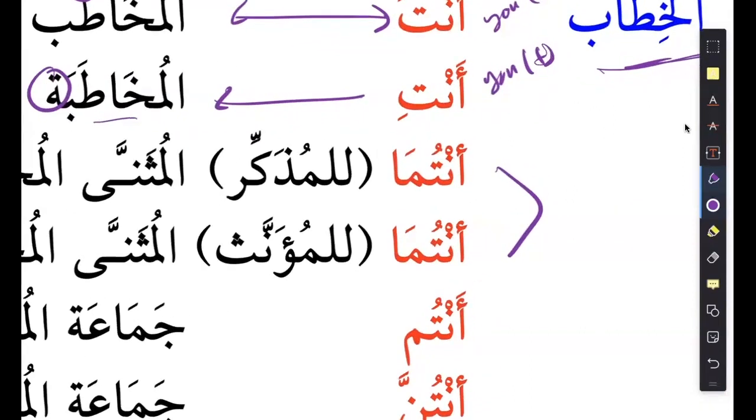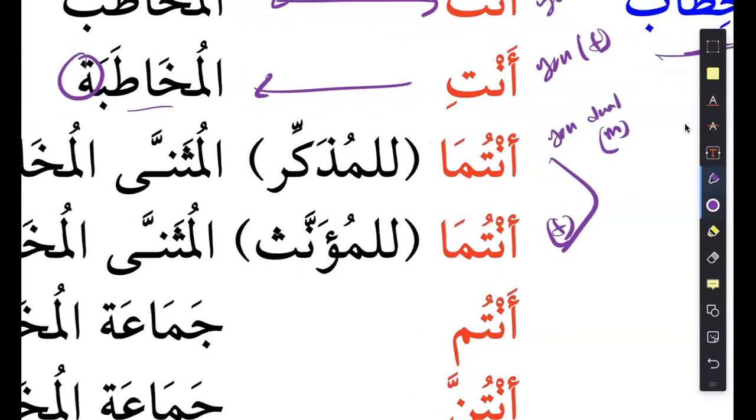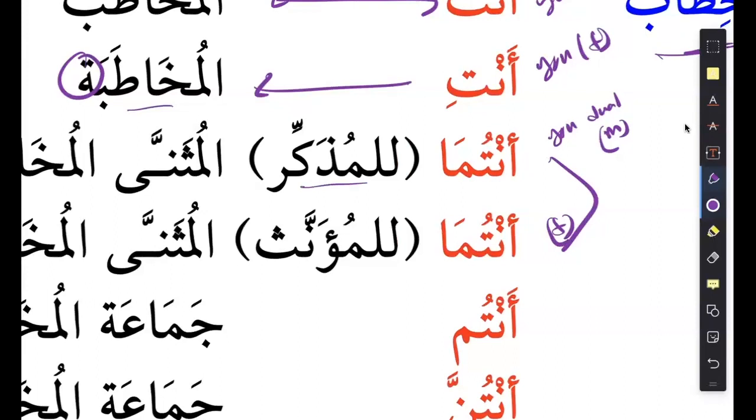Then we have antuma and antuma, both of them for the masculine and the feminine. Let me write you two, you dual, for masculine, and this is for feminine. It doesn't matter because the pronoun is exactly the same. As you can see, it's saying lil mudhakkar.